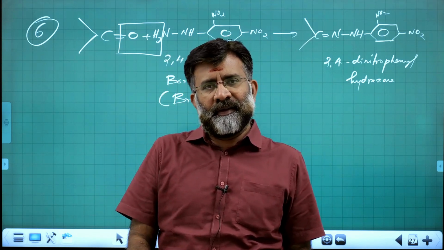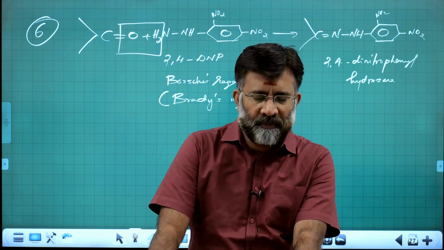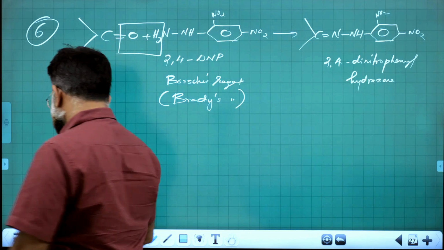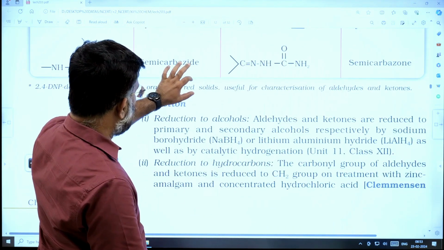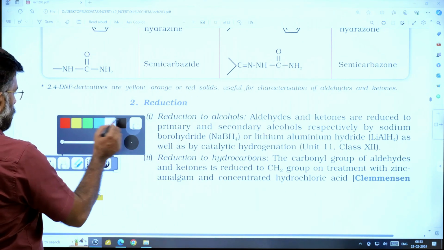2,4-dinitrophenylhydrazone. In fact, for all of these reactions, it's very important that the products obtained are almost crystalline in nature, particularly this one. When you look at the reactions given at the bottom of the table, it's particularly highlighted.